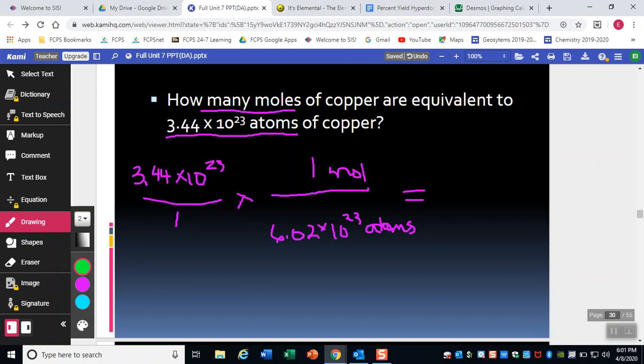And my atoms would cross out. I didn't write it up here, but this is atoms, right? That crosses out with atoms, and what I'm left with is moles. So now I've got this on top and this one on the bottom, so I'm going to be dividing.